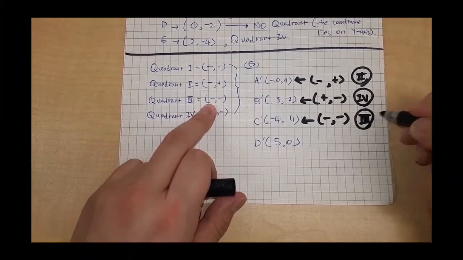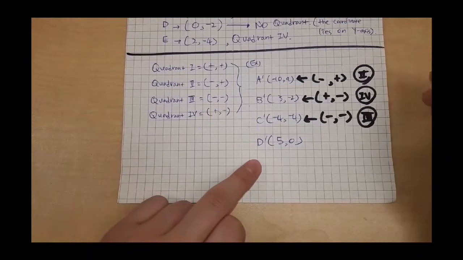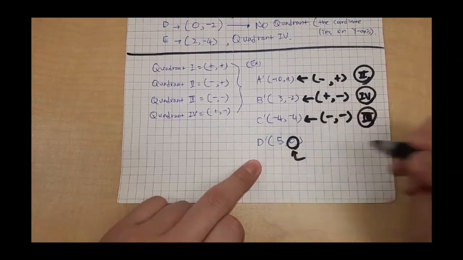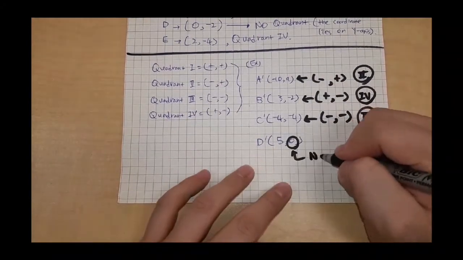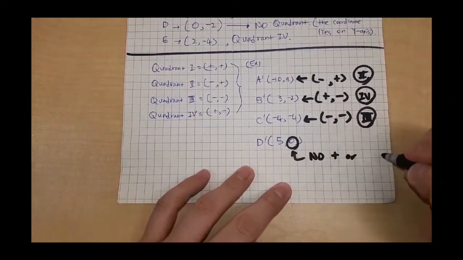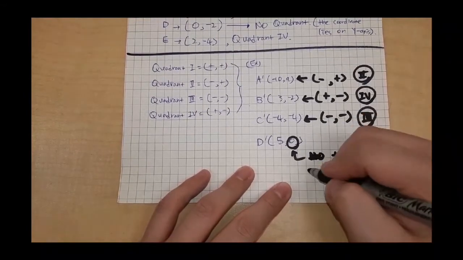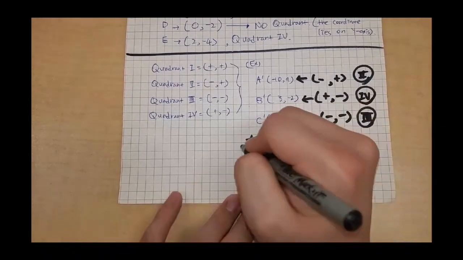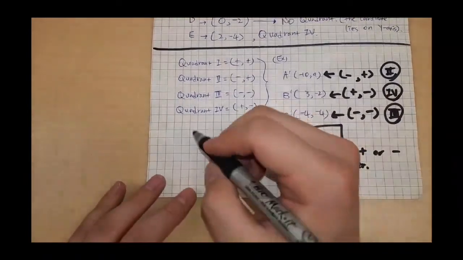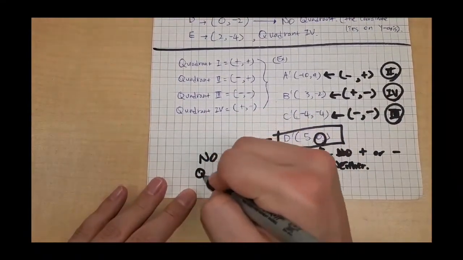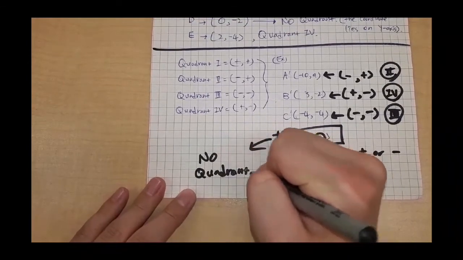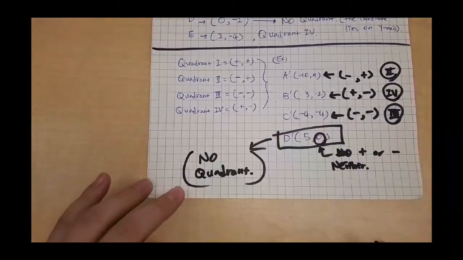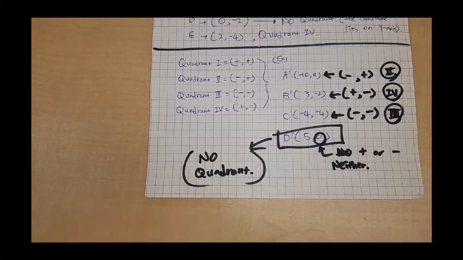And (5, 0), as you may notice, my y-axis has no positive or negative, or technically neither positive or negative. So when it comes to D over here, I can conclude that there's no quadrant for this one. That is today's lesson. Shortly after, you will see my homework question.